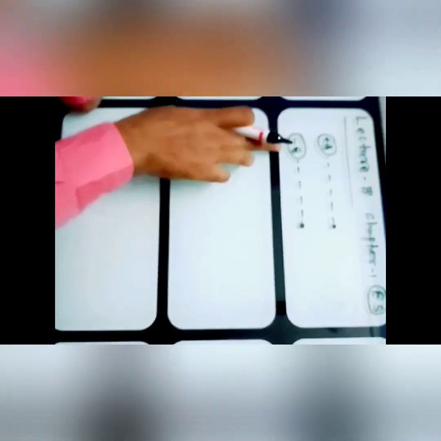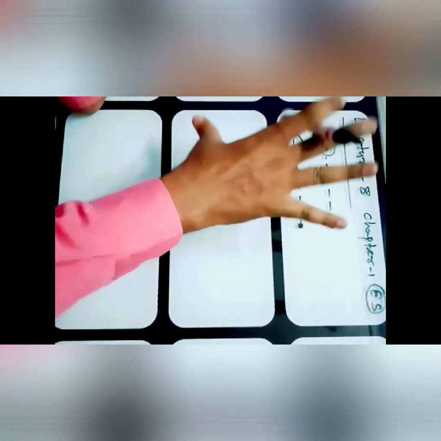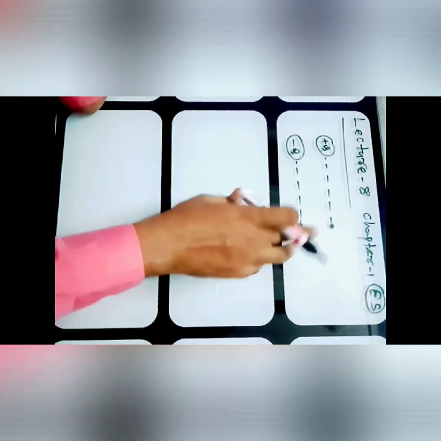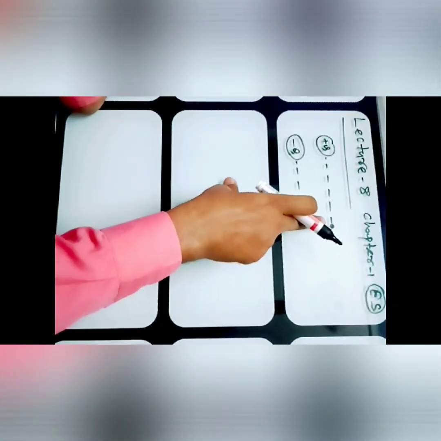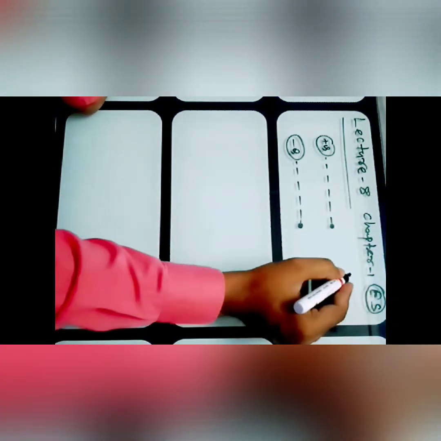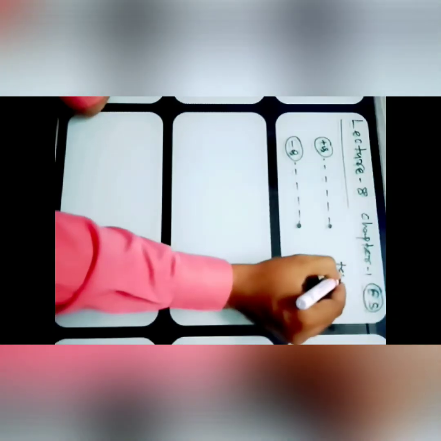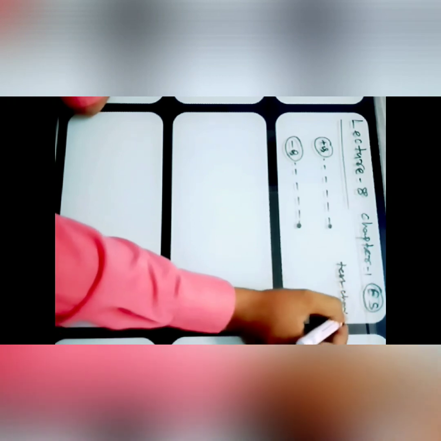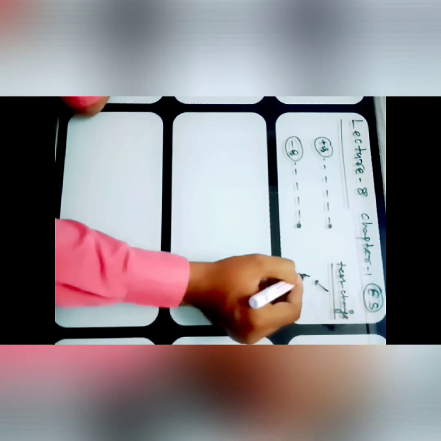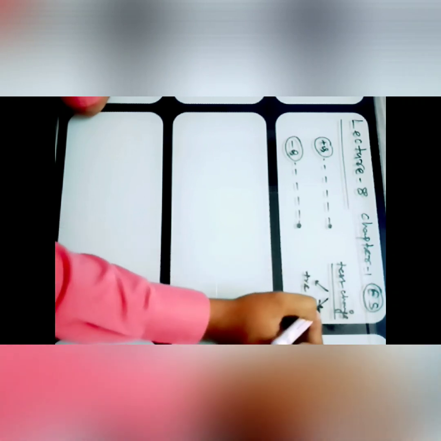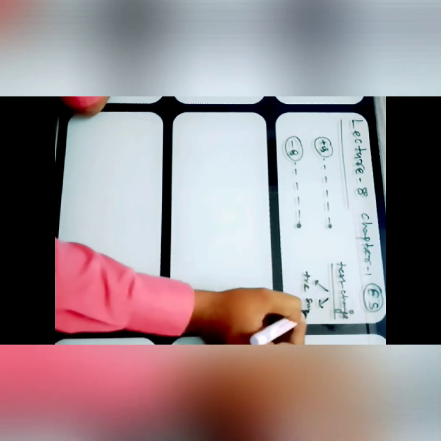It is obvious that this charge will create an electric field around it, and this charge will also create an electric field around it. Due to this positive charge, the direction of electric field will be here. How do you find it? Actually, you have to put a test charge. We talked about the test charge. Again, what is the property of a test charge, students? The first property, it should be positive, and the second property, its magnitude should be small.